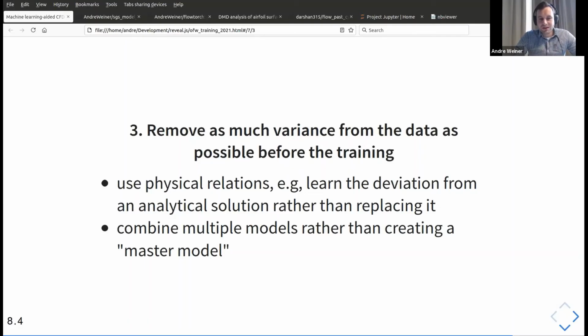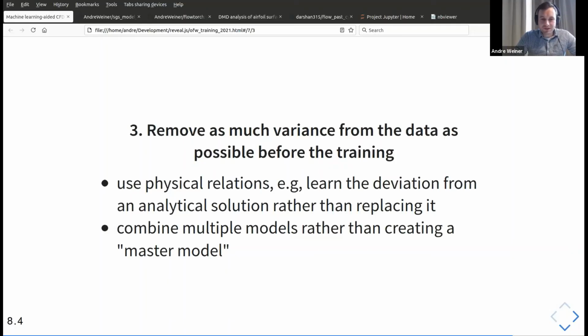Instead of replacing the analytical model with something learned purely from data, it might be much simpler to learn the deviation from your asymptotic or analytical solution than to learn the entire mapping.